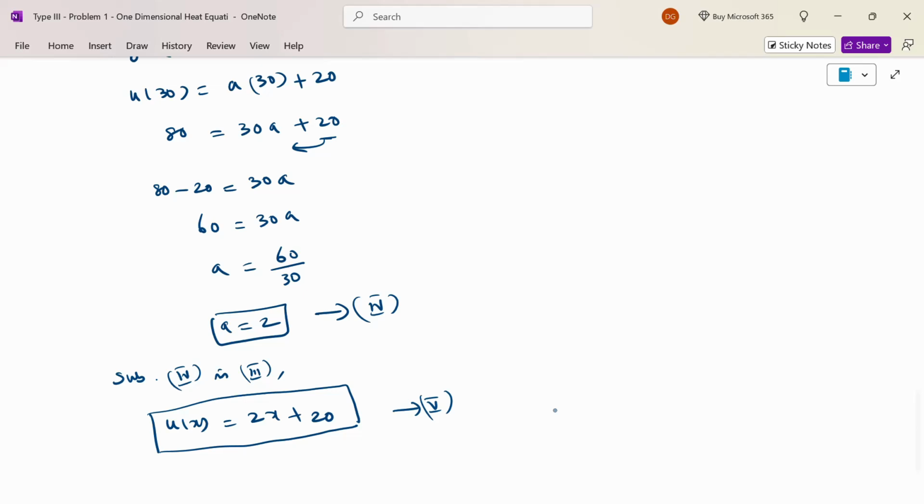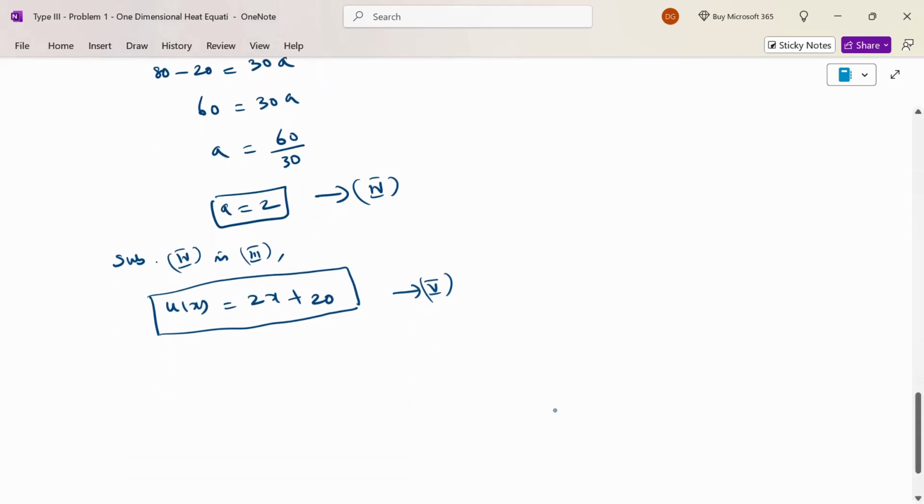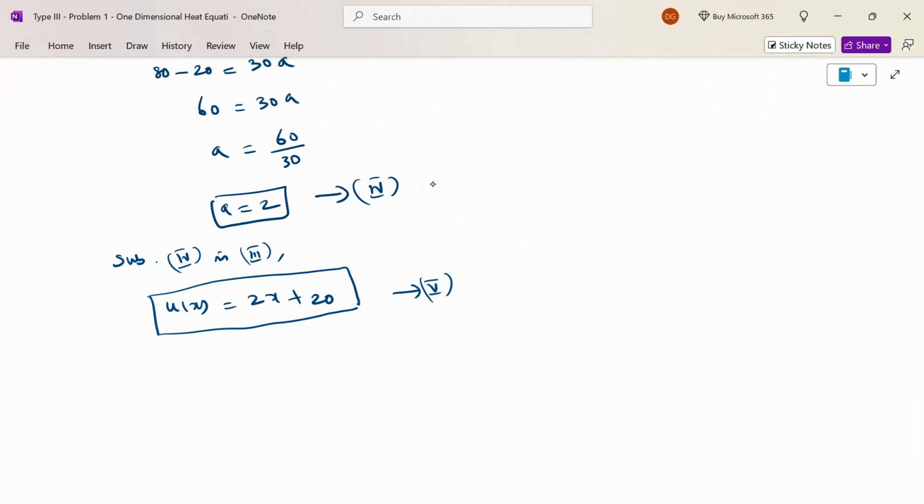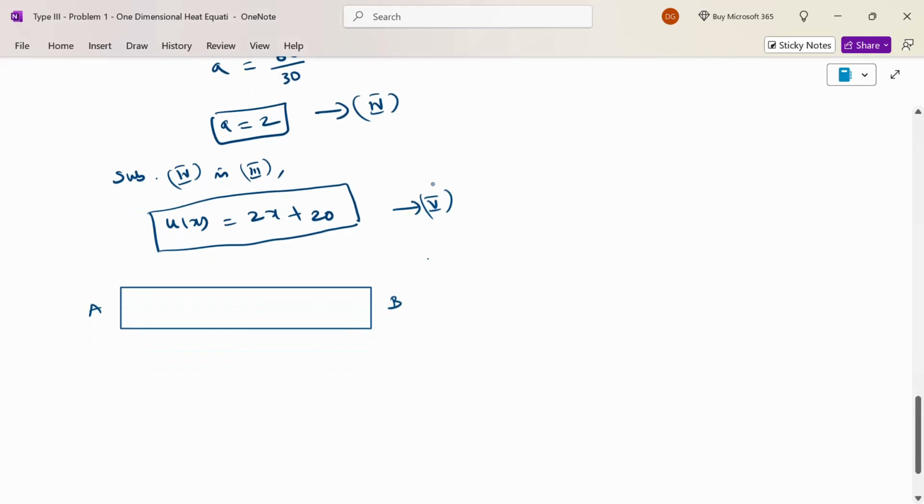Now what is the next one? In the next stage, the condition is given after the steady state. So after the steady state, this A end, B end, length 30 centimeter, so x from 0 to 30.